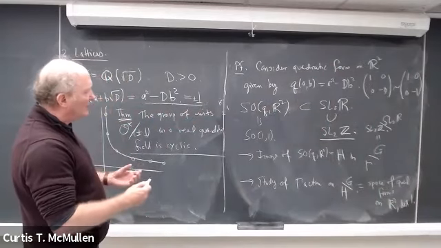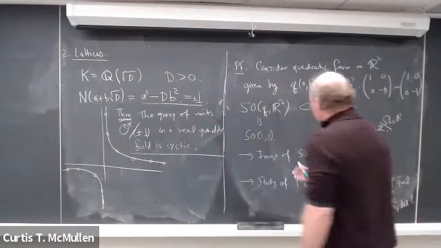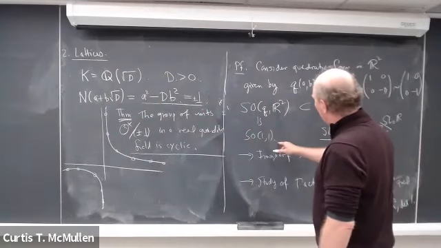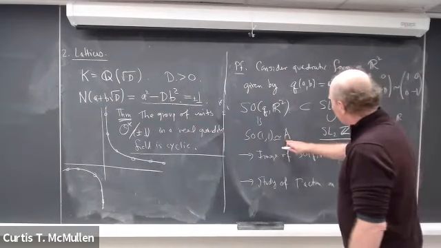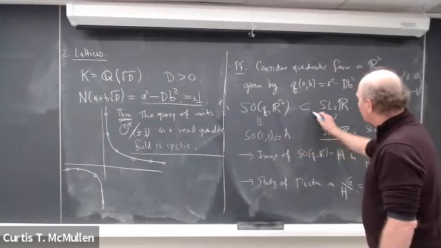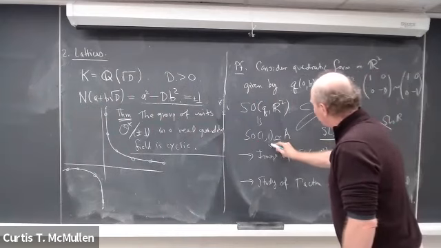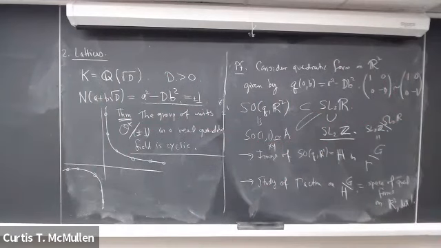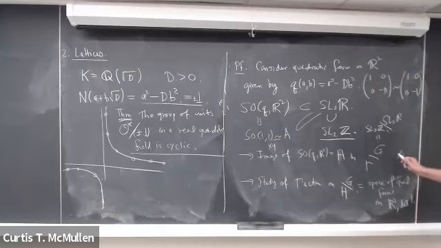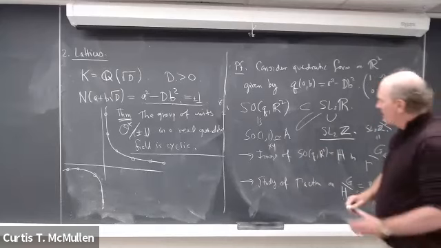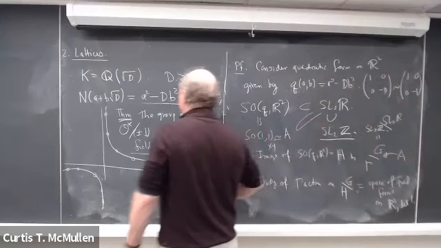Okay, so to make a long story short, the upshot is that SO(1,1) is isomorphic to the group A. It's just the diagonal group sitting inside of SL2R, which corresponds to the quadratic form X times Y. And what we're looking for is the orbit of A, or the image of A, in G mod gamma. So we want to look at the space of lattices that we get under the action of A, or under the action of the isometries of this form.